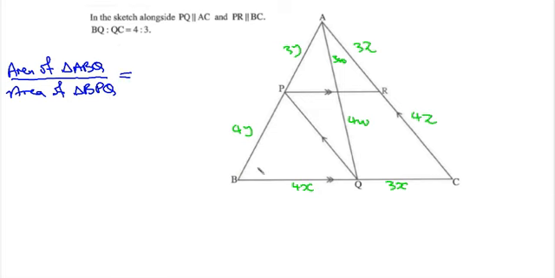This is ABQ, this big triangle. Now, you should see that we can take this AB as the base for the bigger triangle and then BP for the base for the smaller triangle. And our perpendicular height will be here. There is our perpendicular height and it is perpendicular.